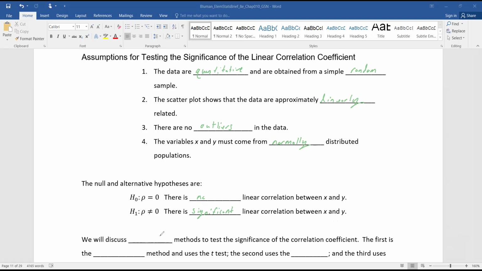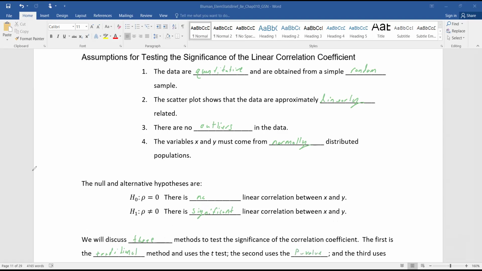We will discuss three methods to test the significance of the correlation coefficient. The first is the traditional method and uses the t-test. The second uses the p-value.